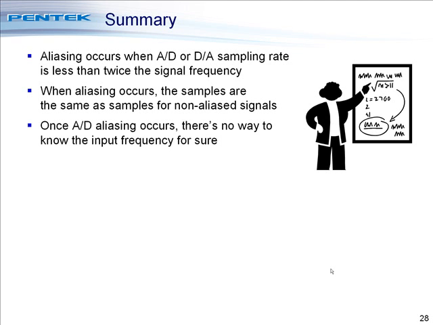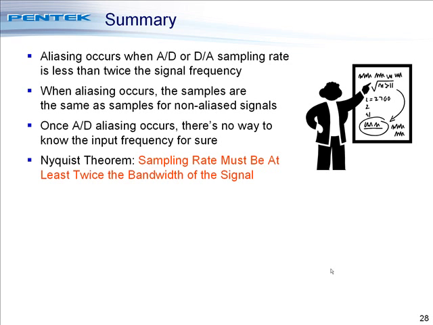Once A to D aliasing occurs, there's no way to know what the input frequency truly was. Nyquist's theorem tells us that sampling rate must be at least twice the bandwidth of the signal. We looked at the fanfold paper aliasing tool. This is extremely useful for doing an aliasing analysis.